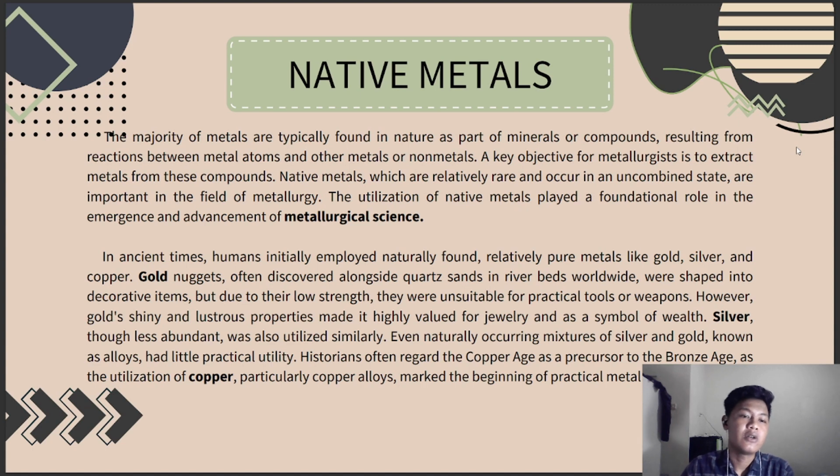However, gold's shiny and lustrous properties made it highly valuable for jewelry and as a symbol of wealth. Silver, though less abundant, was also utilized similarly. Even naturally occurring mixtures of silver and gold, known as alloys, had little practical utility.